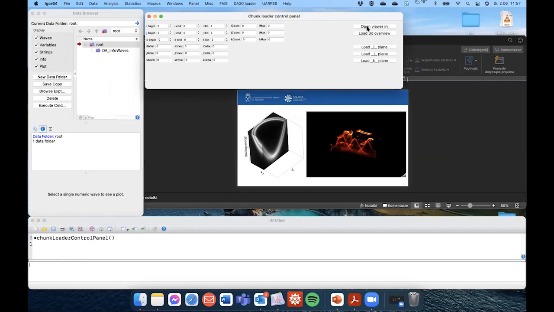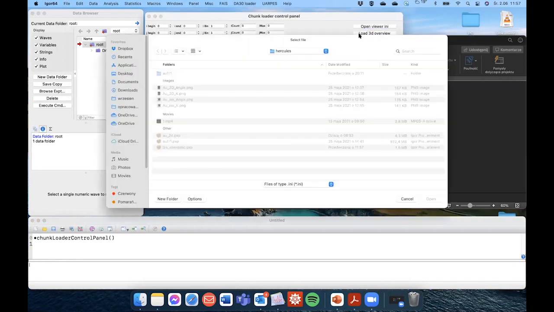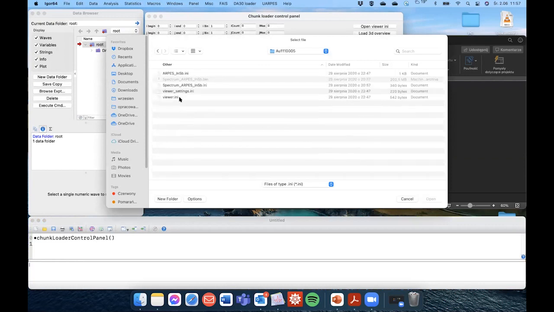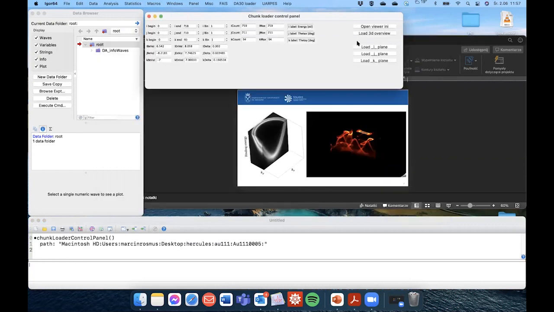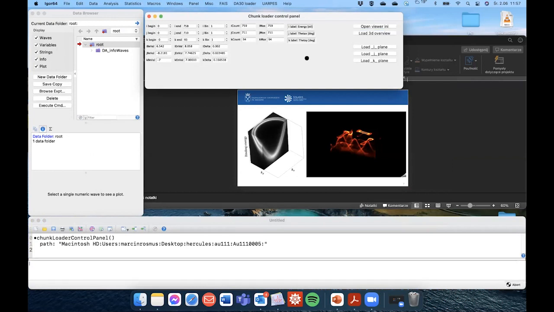Now I am using the procedure which is developed by the Scienta company. It is available on the website, and everyone can download it. So View, Load 3D overview. Yeah, it takes a few seconds because we are talking about a really huge set of data, I mean a million or tens of millions of points.